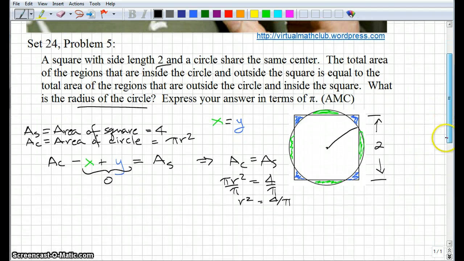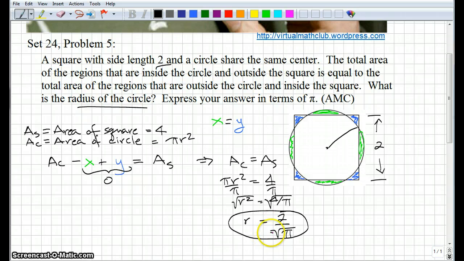Then we take the square root of both sides. The square root of r squared is r, and the square root of 4 over pi, well, 4 is a perfect square, so we write that as 2, and then we have the square root of pi on the bottom. So the radius of the circle has to be 2 over the square root of pi. There you go.